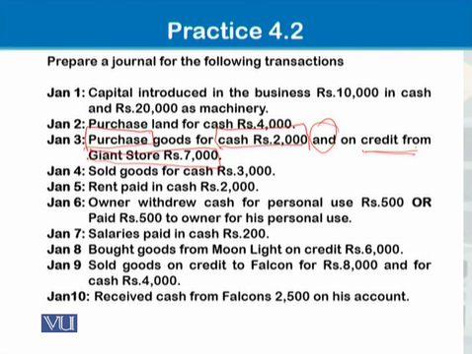Why? Because we are having purchases. Let me write here. Purchases. We are having cash. And against purchases, when there is credit transaction, we have creditors with us. Okay. So purchase is an expense.